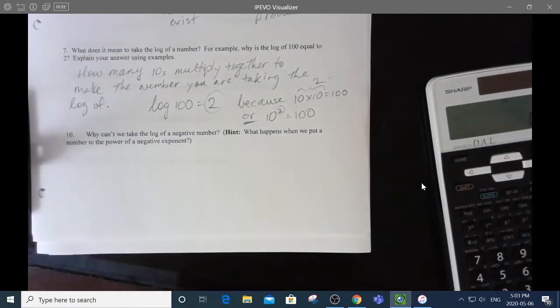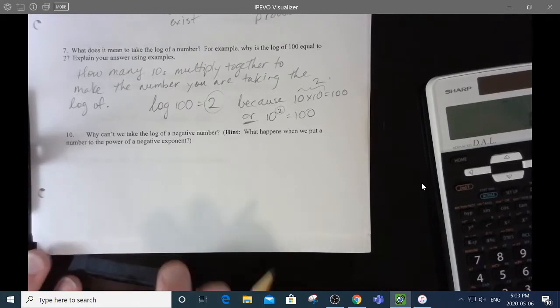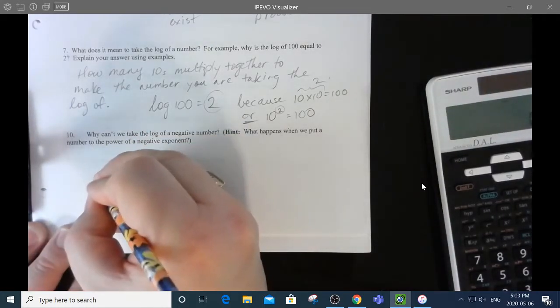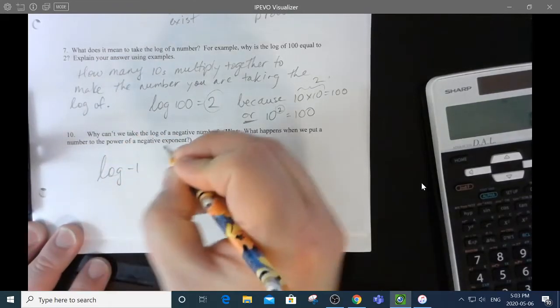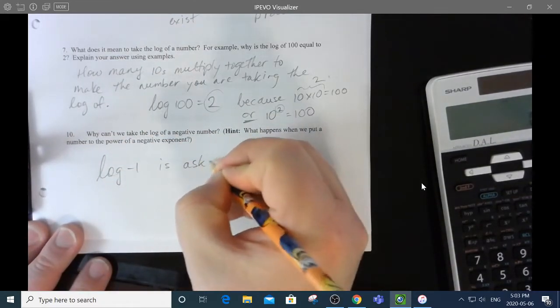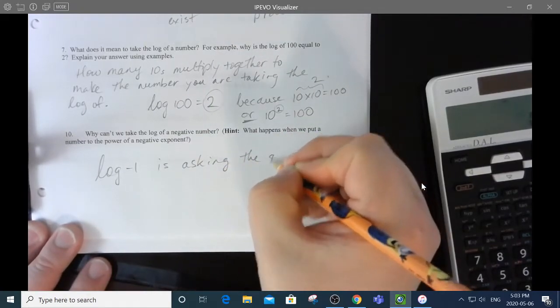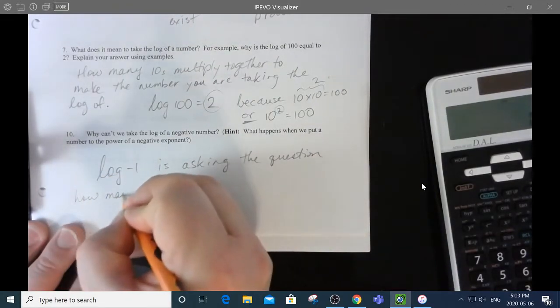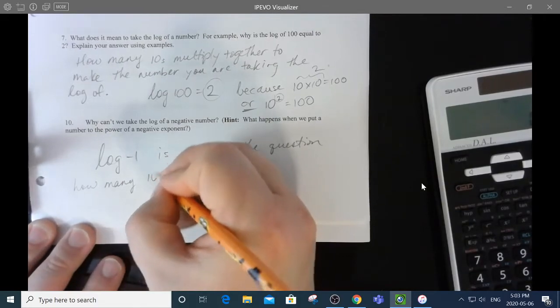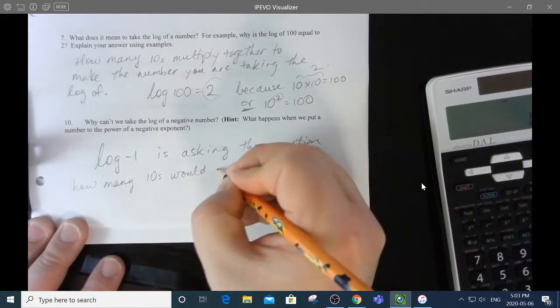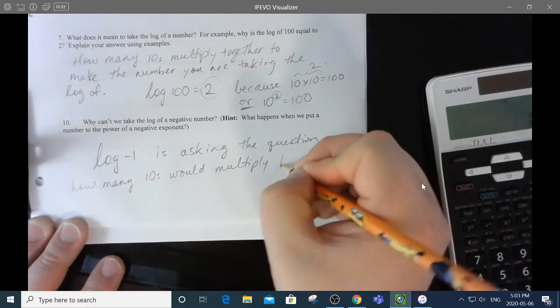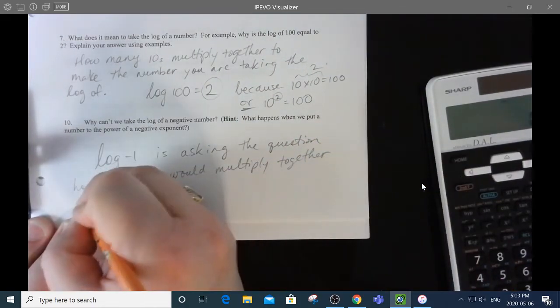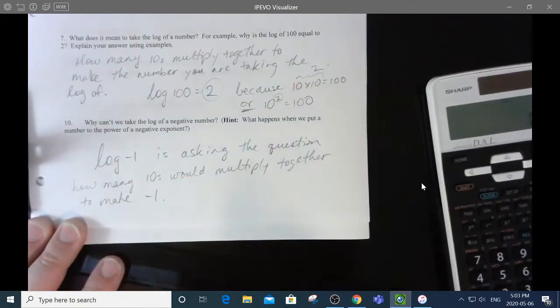Finally, why can't we take the log of a negative number? Hint, what happens when we try to put a number into the power of a negative exponent? Well, we can't take the log of a negative number because, say for example, again, log of -1 is asking the question, how many tens would multiply together to make -1, right?